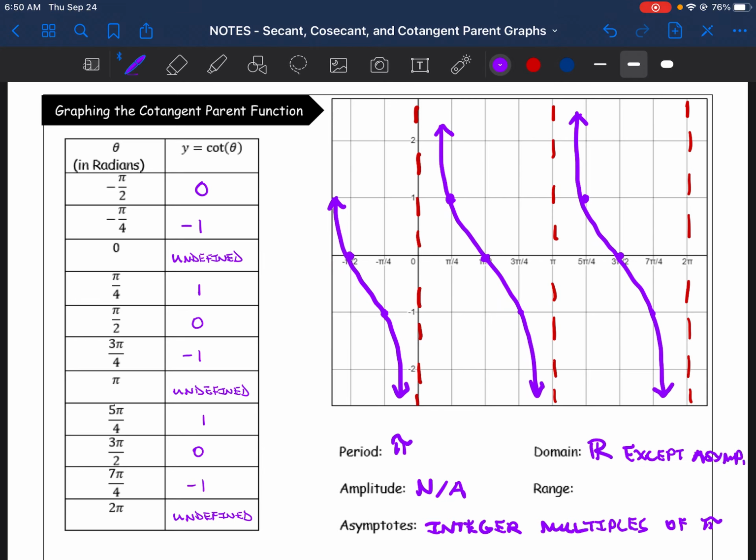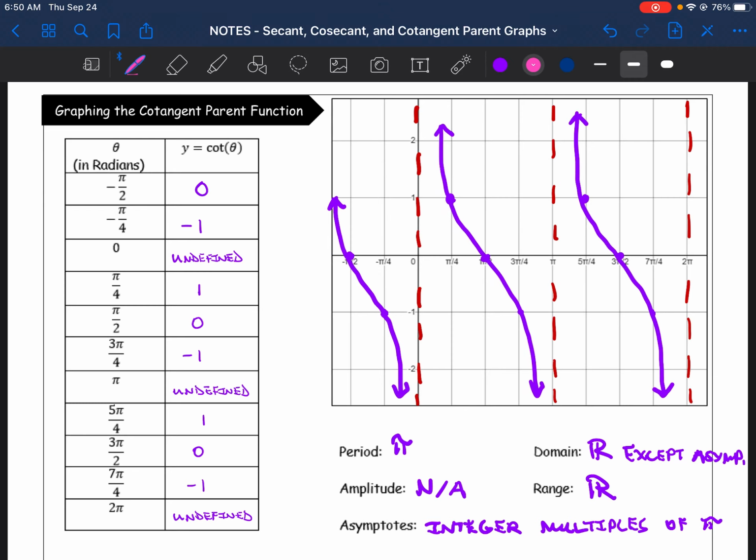And the range, we can see here that the entire y-axis of values is being used, so the range is from negative to positive infinity, or all real numbers for the y-axis.